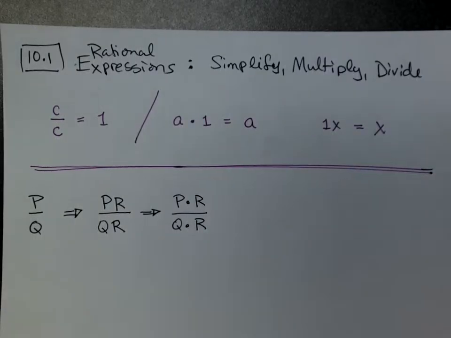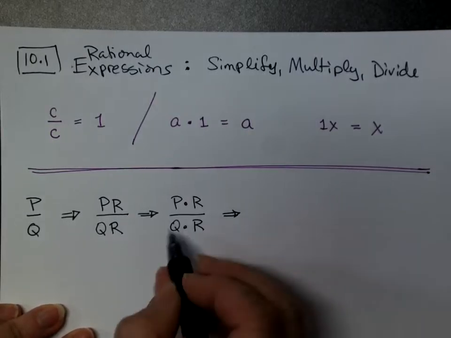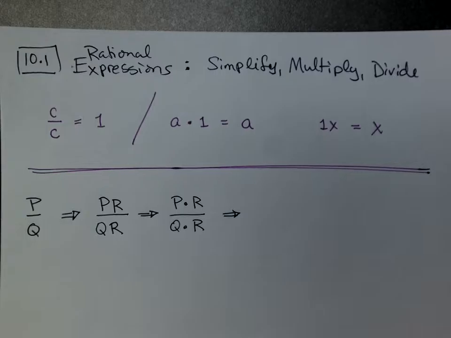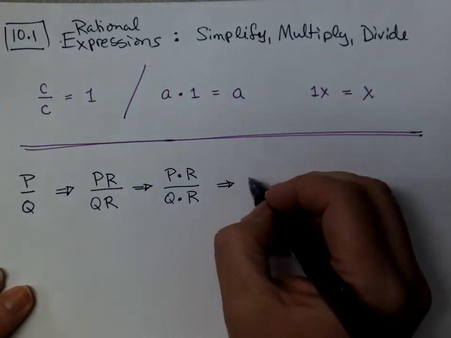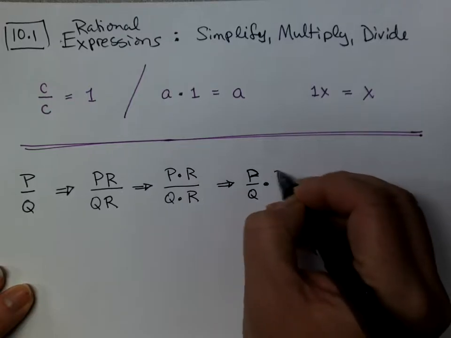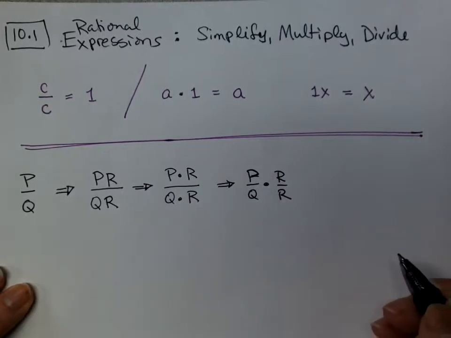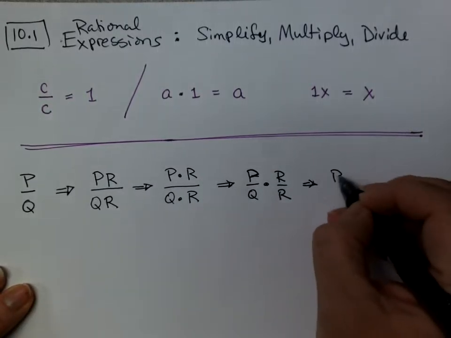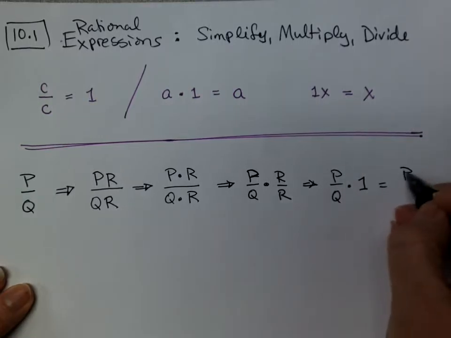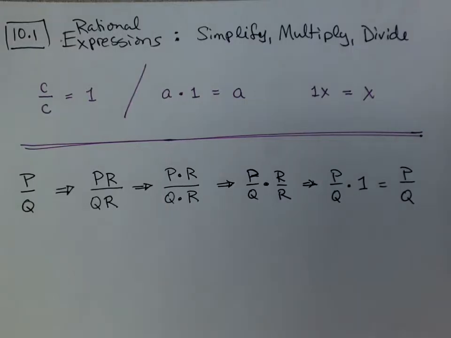Okay. Now we can separate that a little bit more, because this is all multiplication, so this is a legal move. If these were addition or subtraction signs, not legal. So this means P over Q times R over R, which is 1. This means P over Q times 1, which equals P over Q, right?